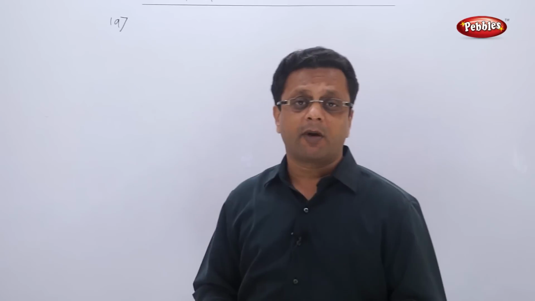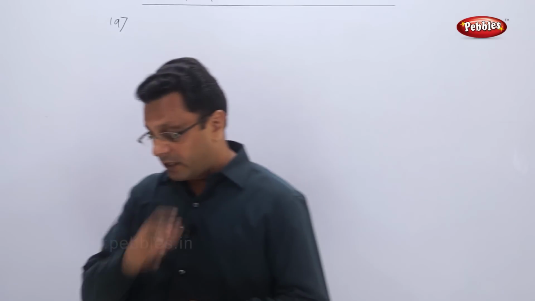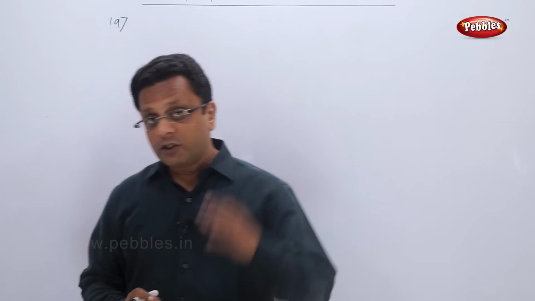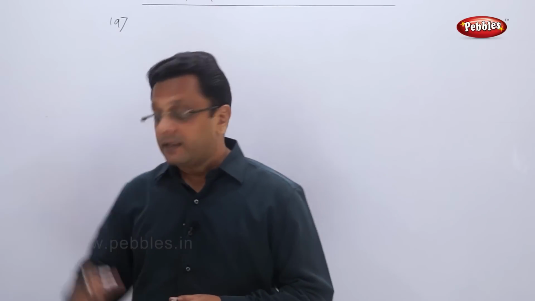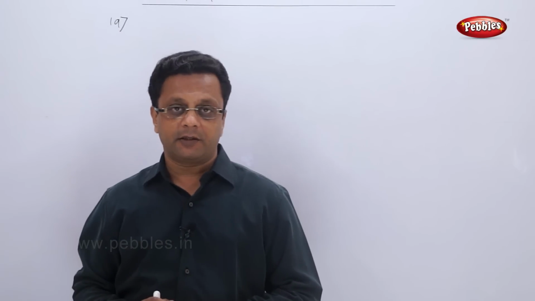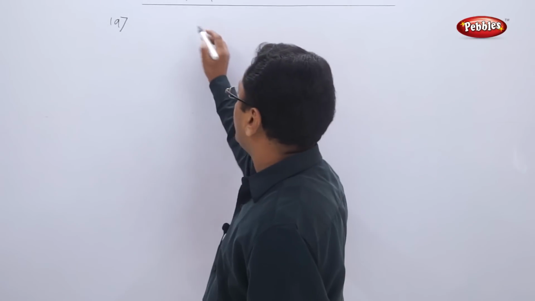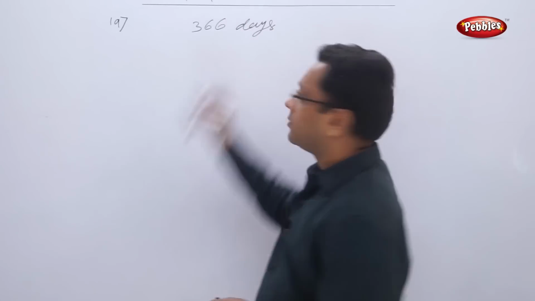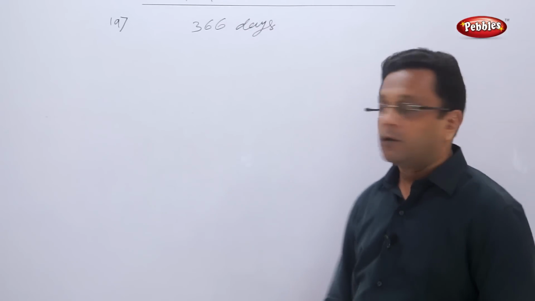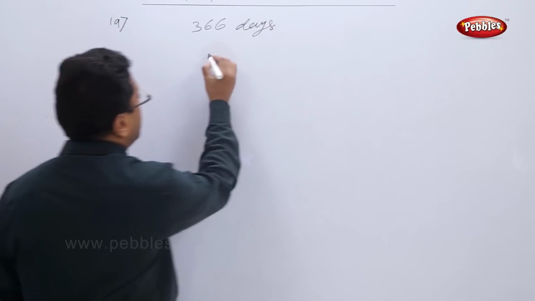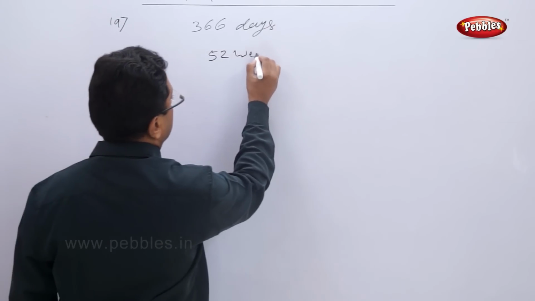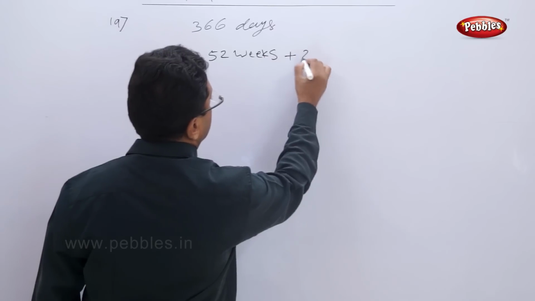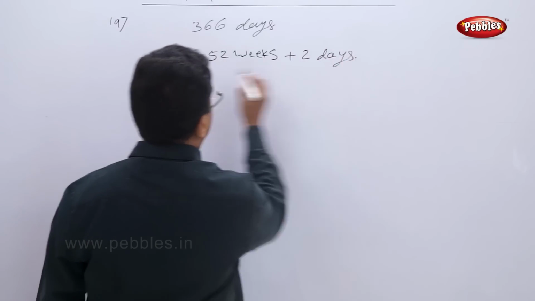Similar example of probability like the previous one, but in this case they have asked, what is the probability that a leap year has 53 Sundays? Okay, what is the difference? We have 366 days in a leap year. So 52 weeks we definitely have, and plus 2 days.